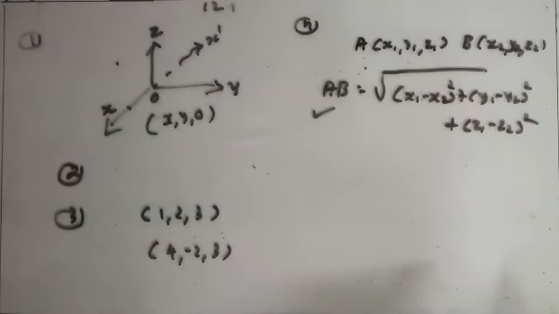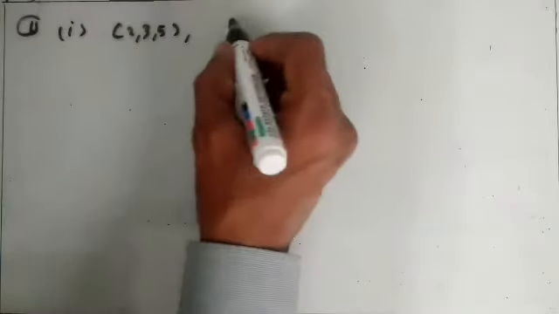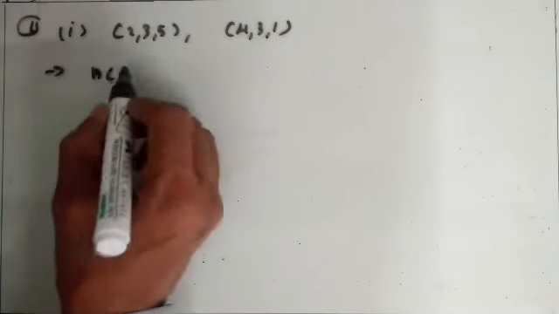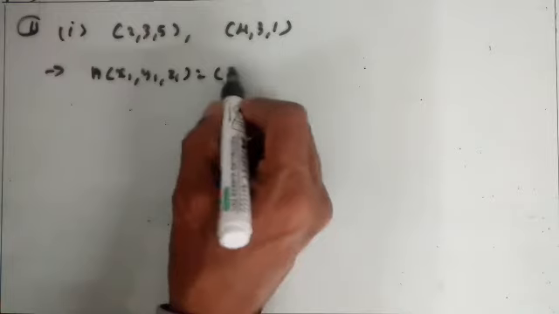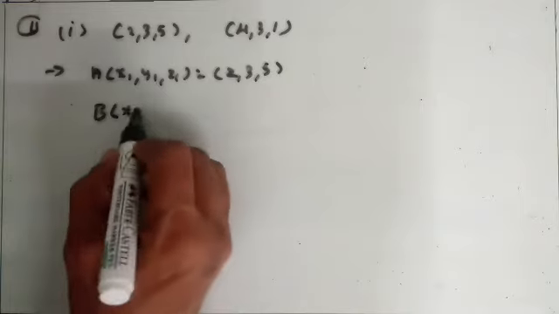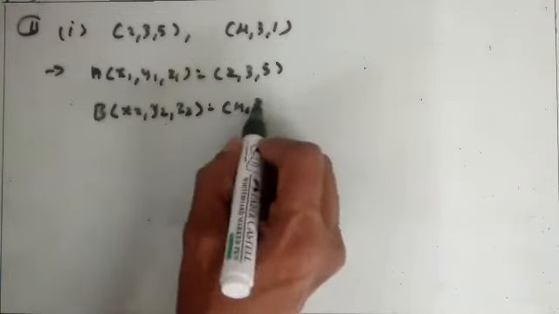Now exercise 12.2. Number 1. Find the distance between the following pair of points. Number 1, 2, 3, 5 and the second point 4, 3, 1. First denote both points by A x1 y1 z1, suppose 2, 3, 5 and the second point by B x2 y2 z2, say 4, 3, 1.